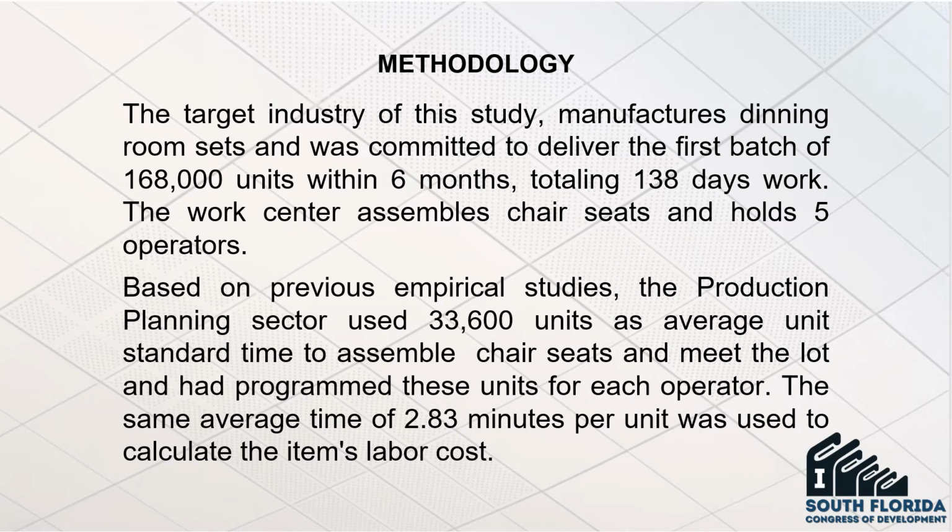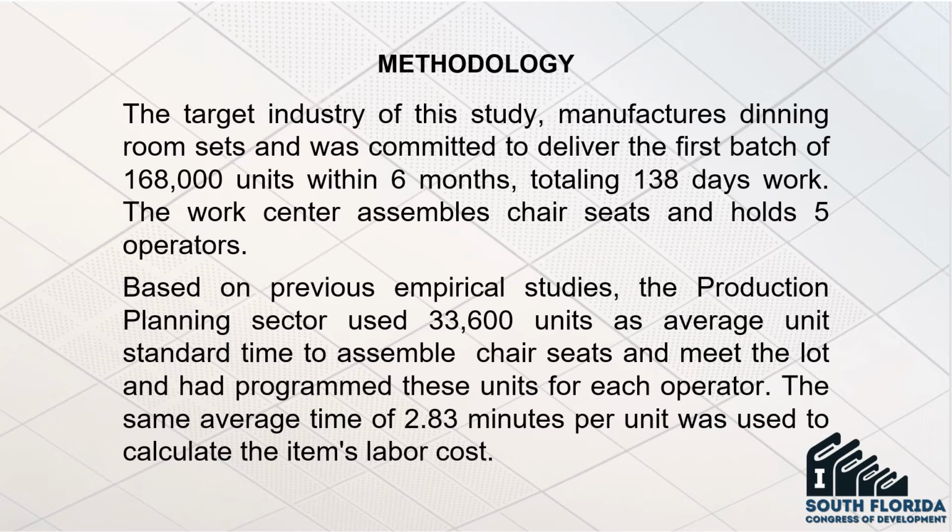This industry manufactures dining room sets, and it was committed to delivering the first batch of 168,000 units within 6 months, totaling 138 working days. The work center assembles chair seats and has 5 operators.